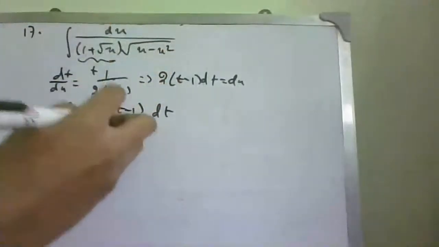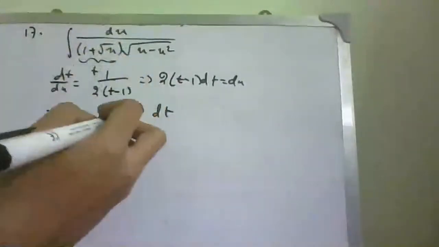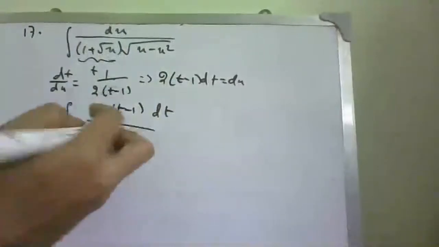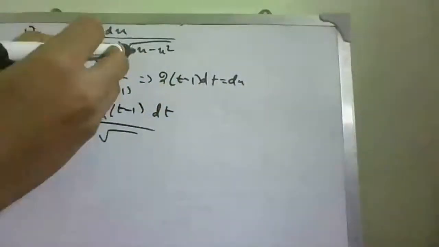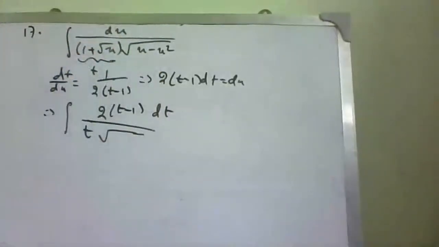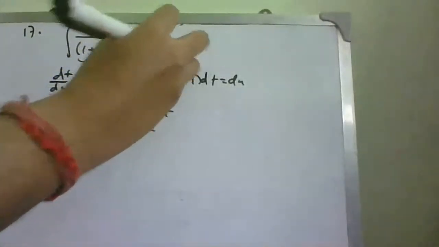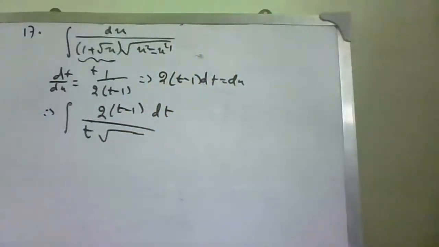And what about this? Just a second, I'm sorry. What we can try over here is x minus x squared. It's not x minus x squared, I'm very sorry, it's x squared minus x to the power 4. Hopefully, I'm correct.